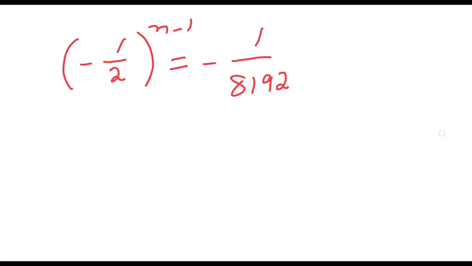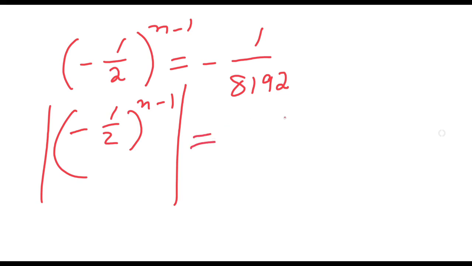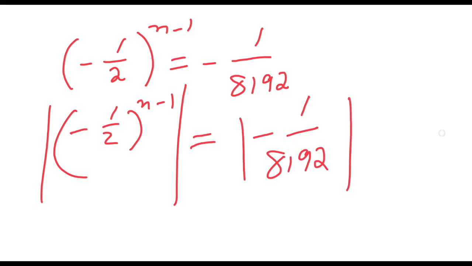So I need to make it positive first, using the absolute value. I apply the absolute value to both sides. Negative 1 over 2 power n minus 1 absolute value is equal to negative 1 over 8192 absolute value.